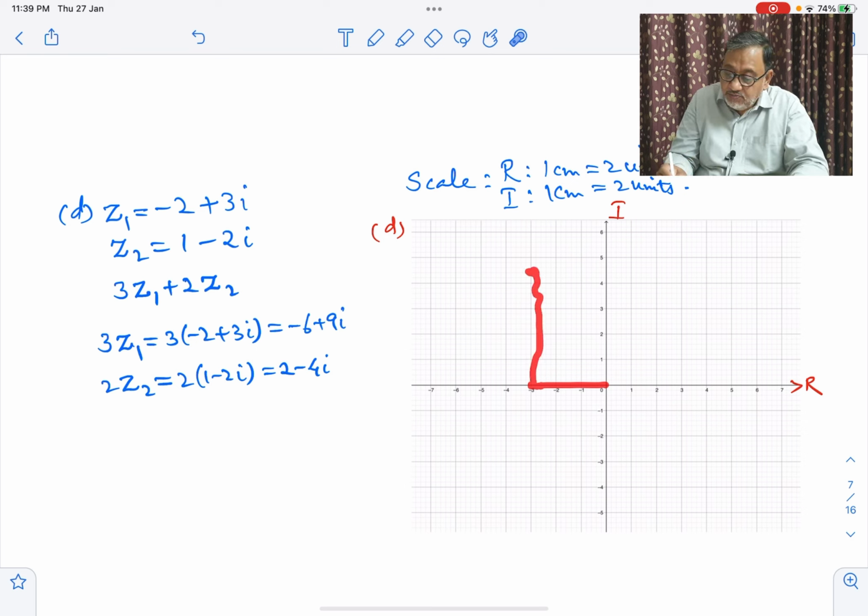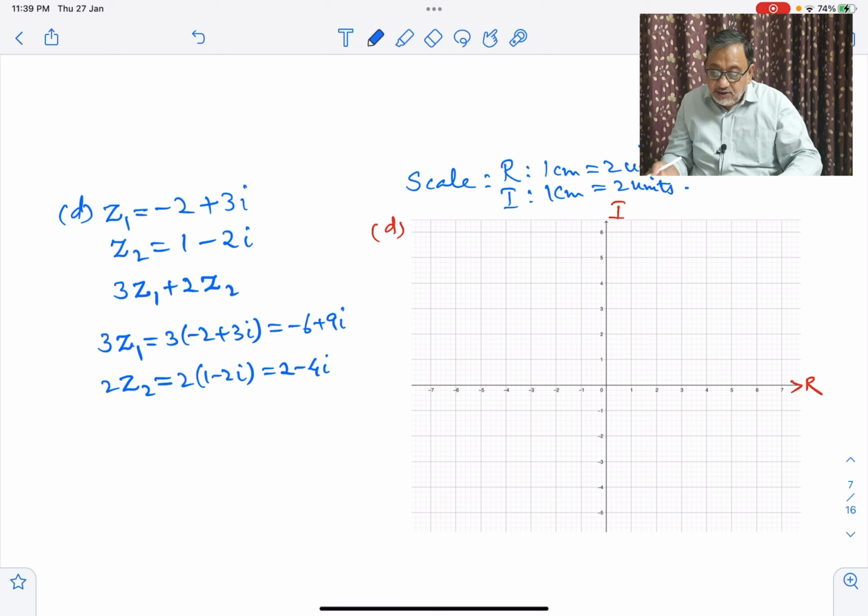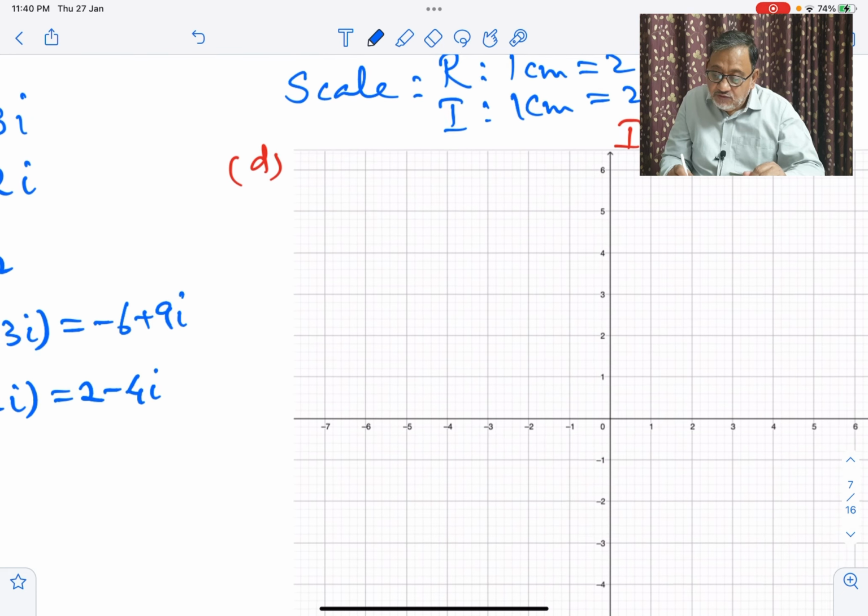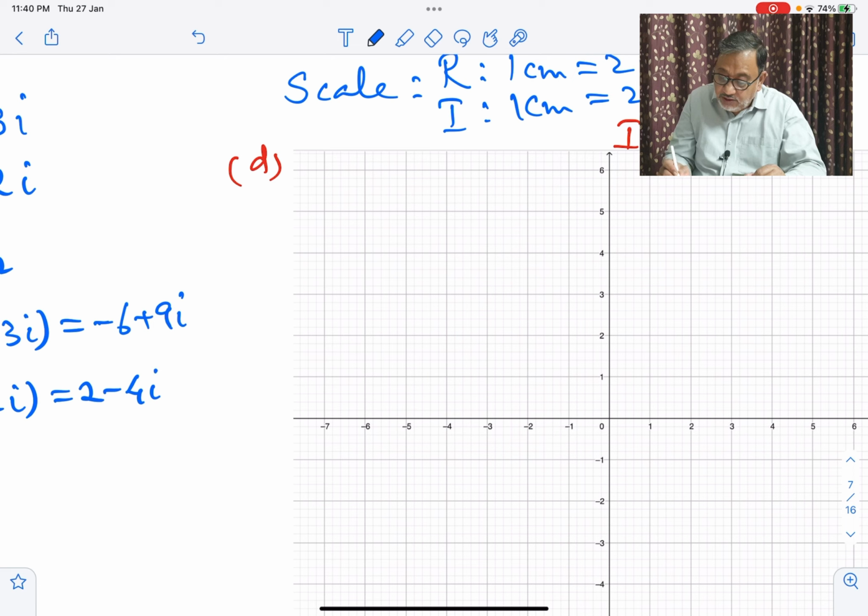So that is my point, minus 3 and 4.5. So 4.5, how many divisions are there? 1, 2, 3, 4, 5. So minus 3 and 4.5 means between 4 and 5.